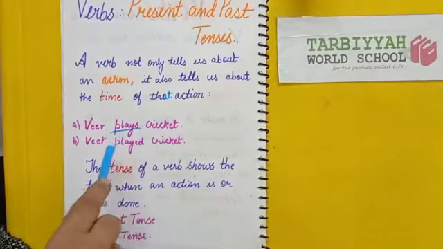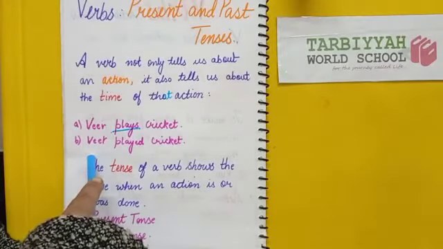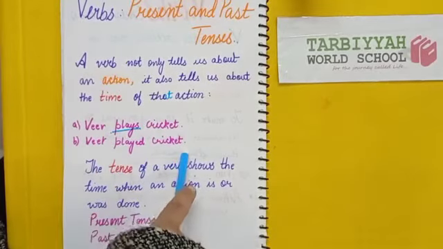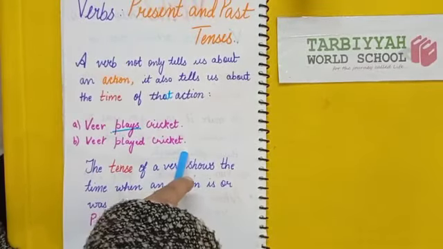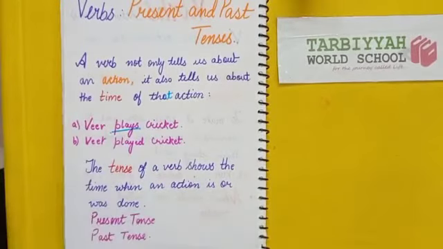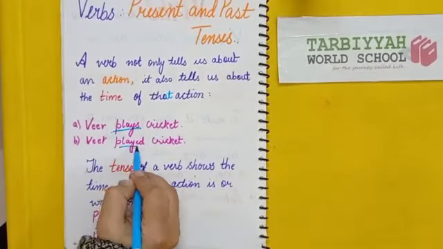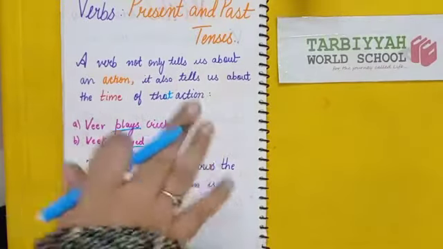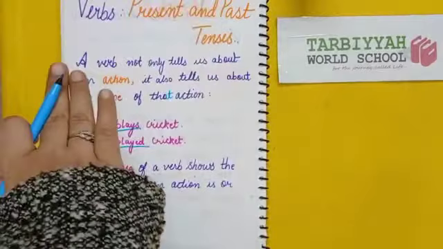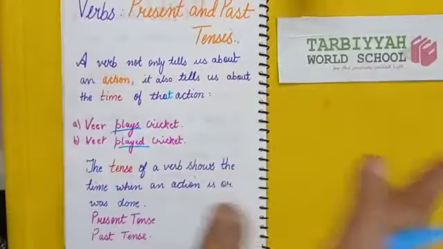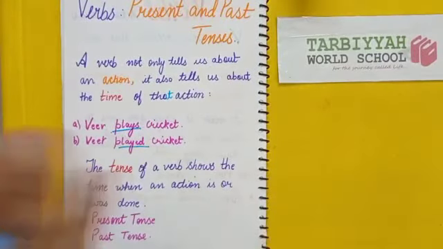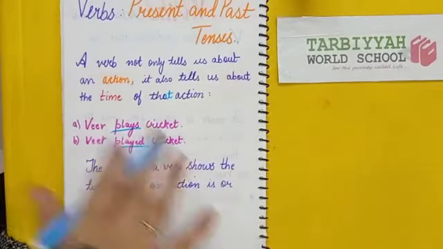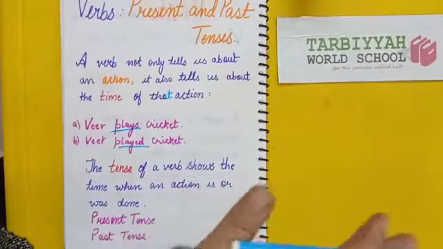Okay. And in the second sentence, we played cricket. That means the word played refers to an action that we did yesterday, that is in the past. Means उसने खेला था कल या फिर उससे पहले. That is in the past.